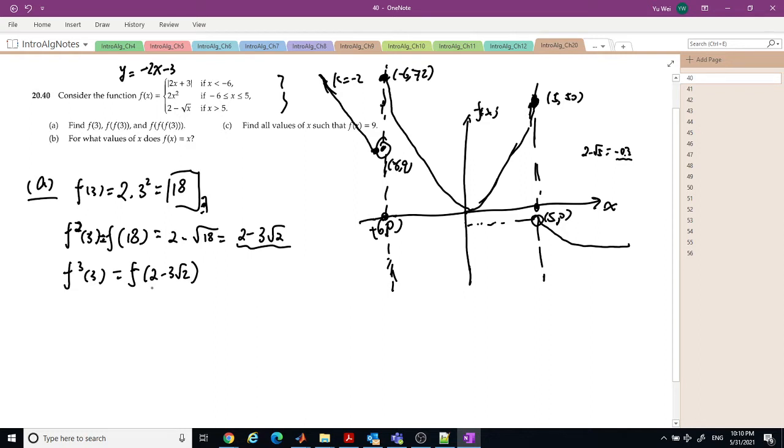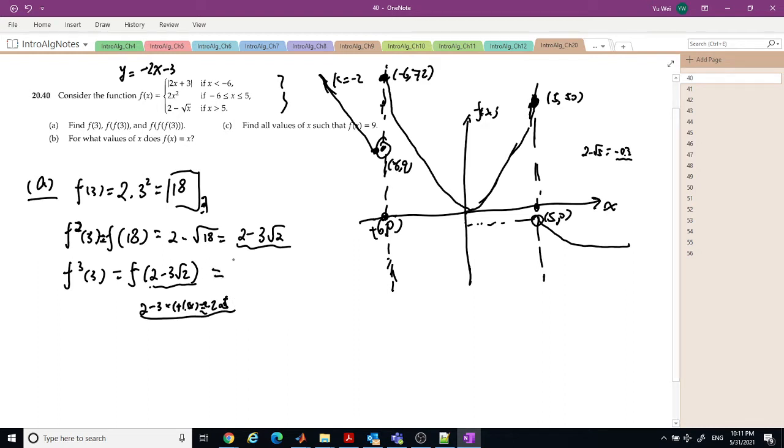Let's see the range: it's somewhere around 2 minus 3 times 1.4 or 1.5, so about 4.5, and negative 4.5 plus 2 is around negative 2.5, which is still within this range.